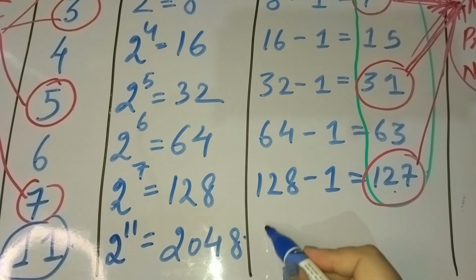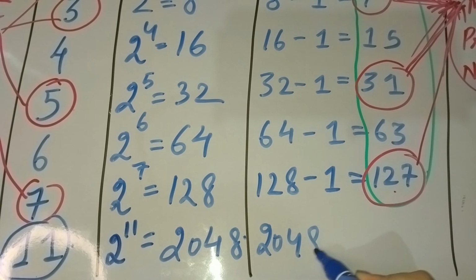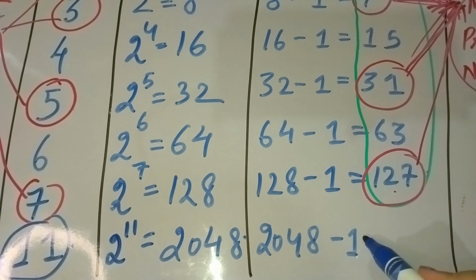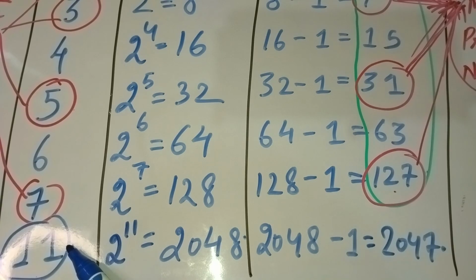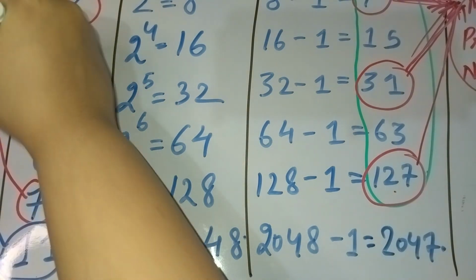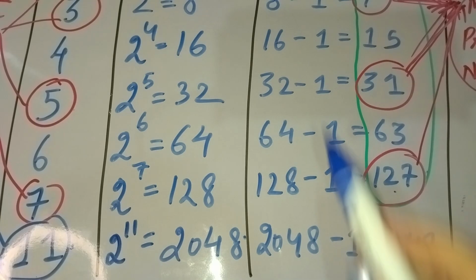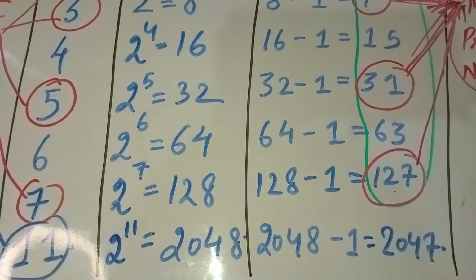So 2048 minus 1 equals 2047. Now 11 is a prime number, so the corresponding 2 to the power n minus 1 should also be a Mersenne prime number. But the corresponding value is 2047, and 2047 is not a prime number.